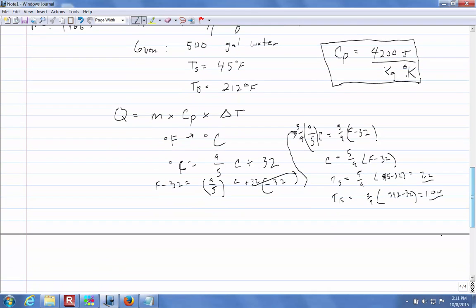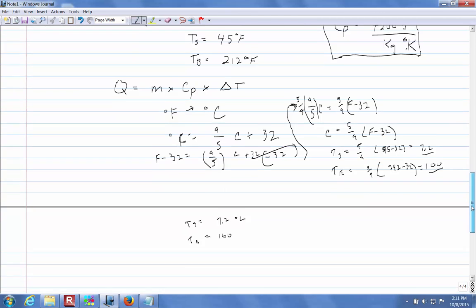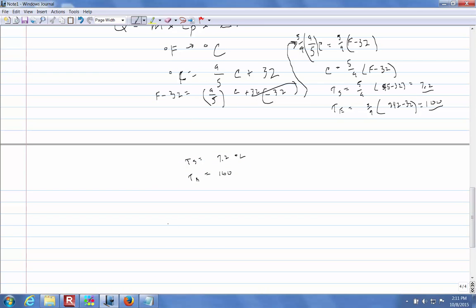Okay. So now we've got, for a starting temperature, 7.2 degrees Celsius, and we're ending at boil at 100. We got that part done. Now we got 500 gallons of water. We don't have mass, and we need mass. However, we can convert that, because we know in standard conditions what water weighs.